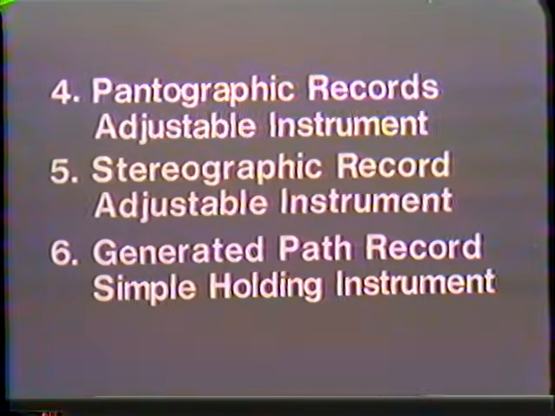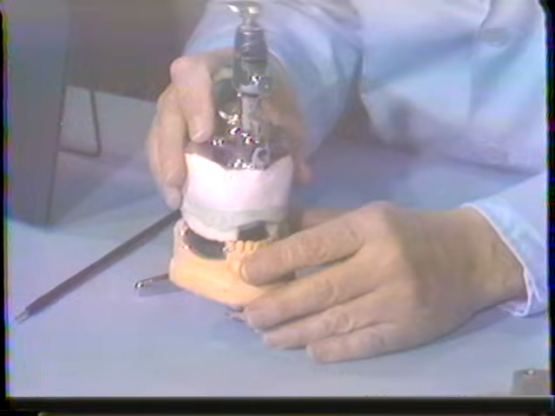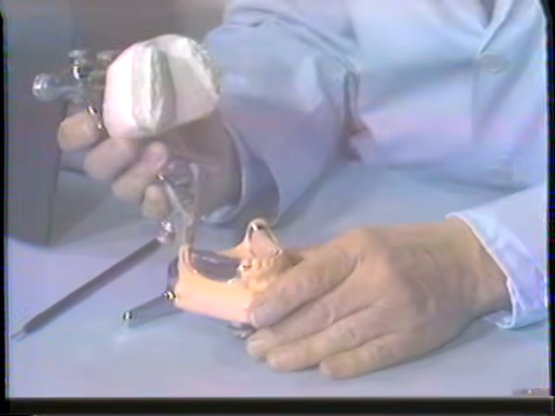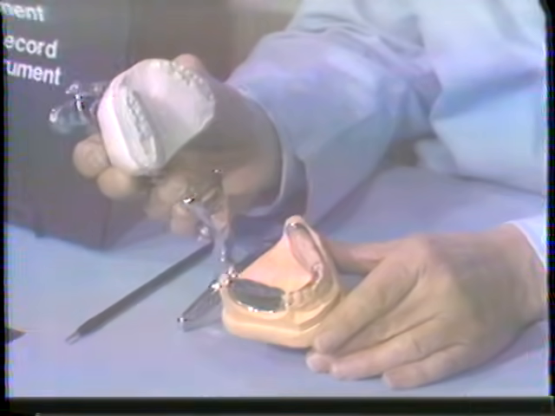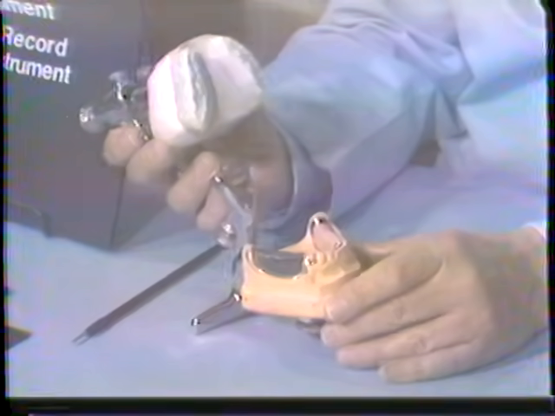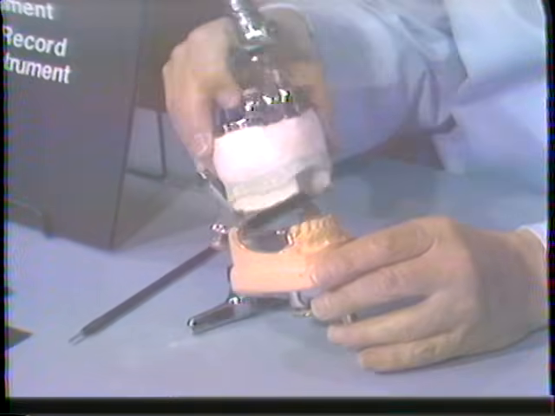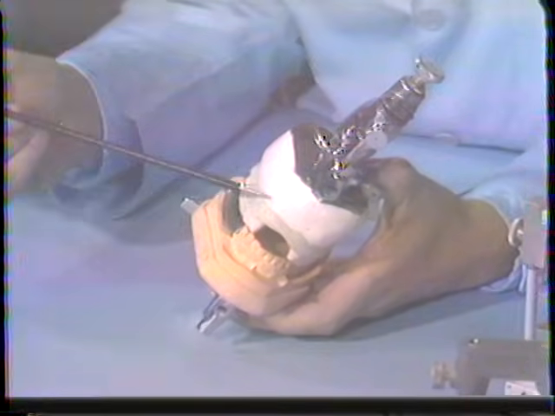Now lastly, we also have a generated path procedure. This is applicable to removable partial dentures. It's also applicable to complete dentures. However, one denture must be made first, must be completed first when you make an upper and a lower denture. One denture must be completed first to a curvature.